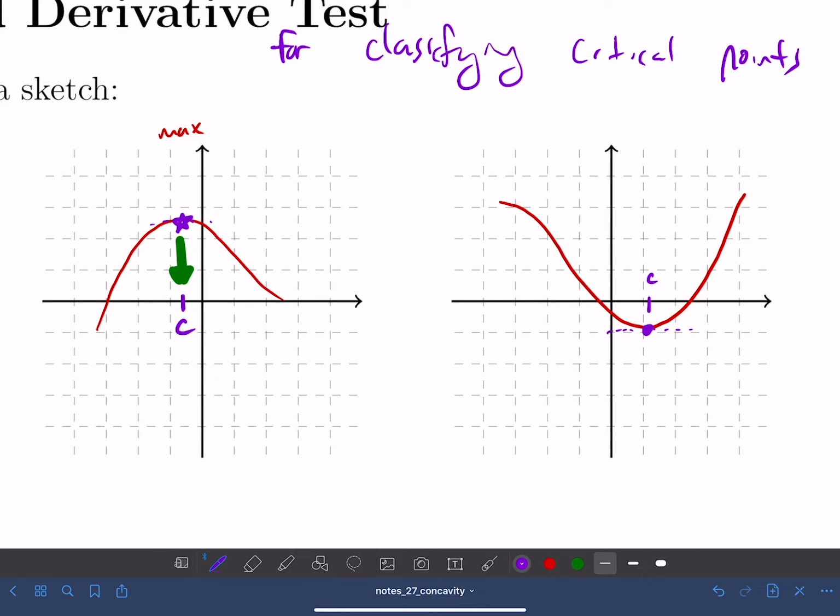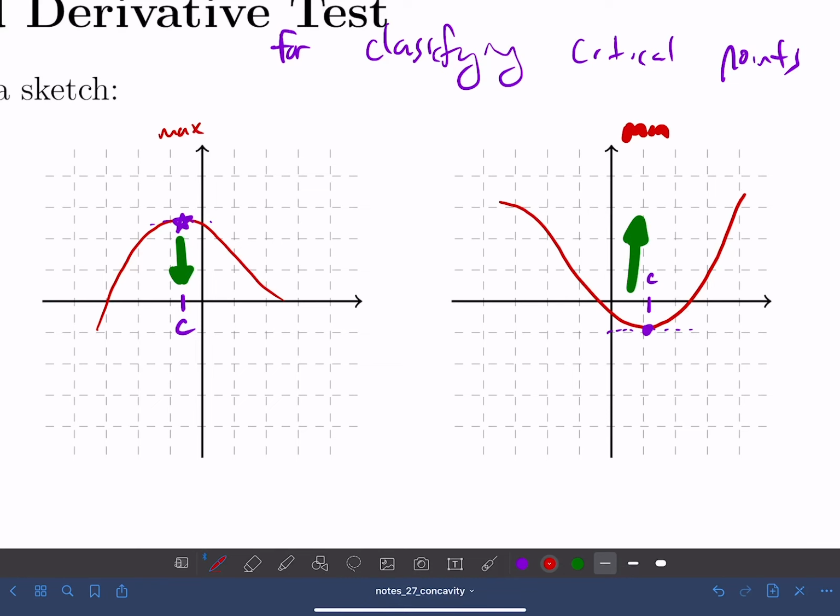So this only works for critical points where the derivative is 0. It's going to fail otherwise, because f double prime won't be defined. Anyways, if we draw a concavity arrow, it's concave up, and we've got a min.